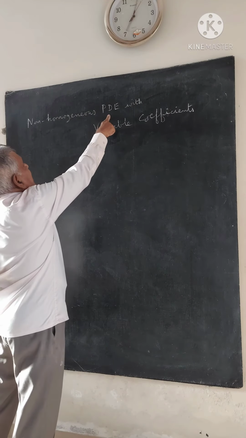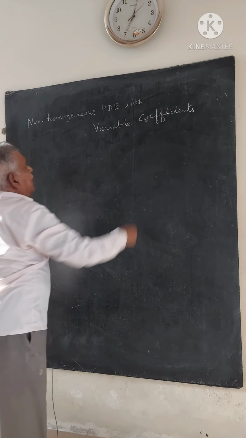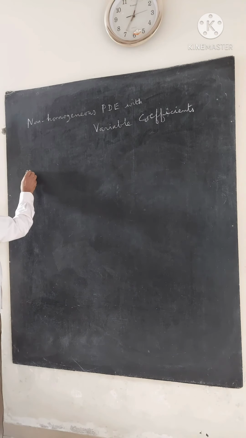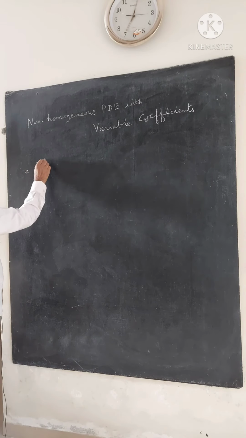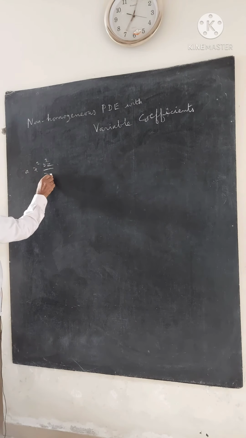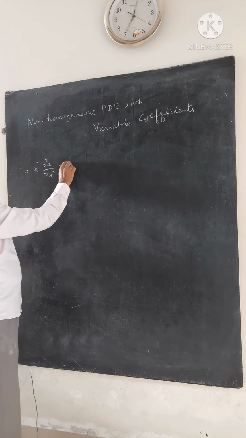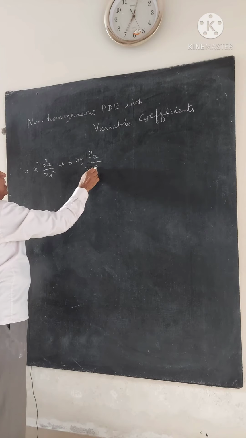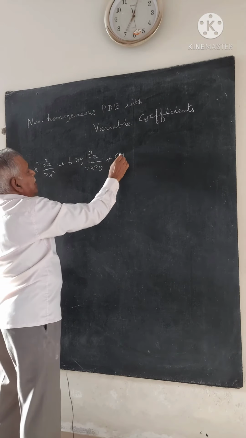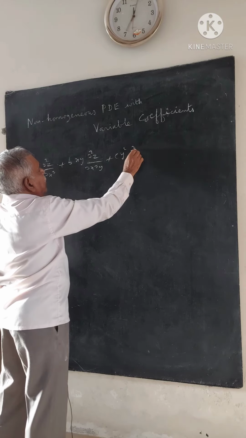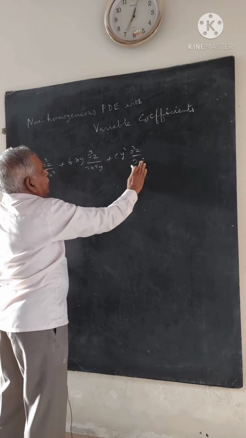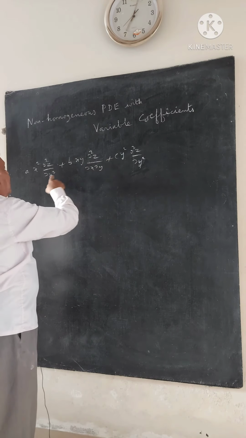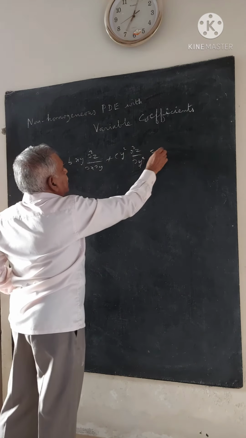Non-homogeneous partial differential equation with variable coefficients: a x² ∂²z/∂x² + b xy ∂²z/∂x∂y + c y² ∂²z/∂y² equals a function of x and y. Here x², xy, y² are variable coefficients.